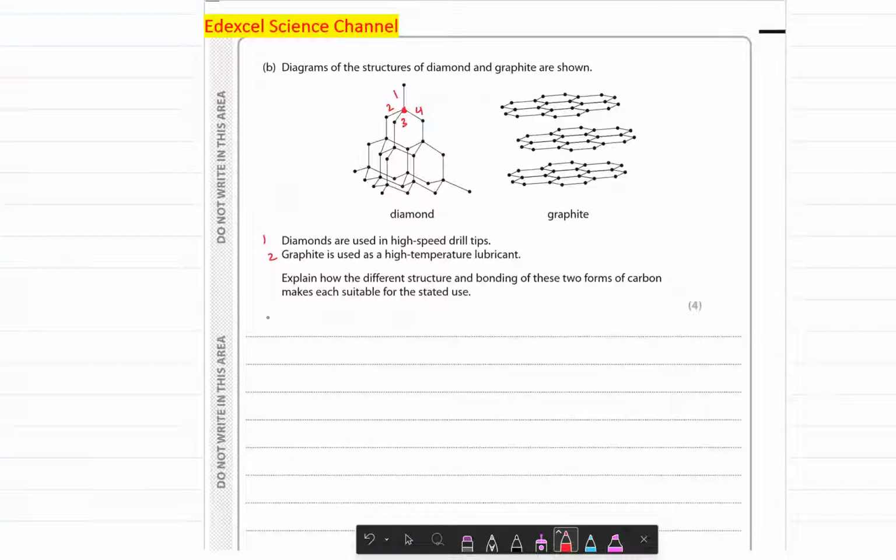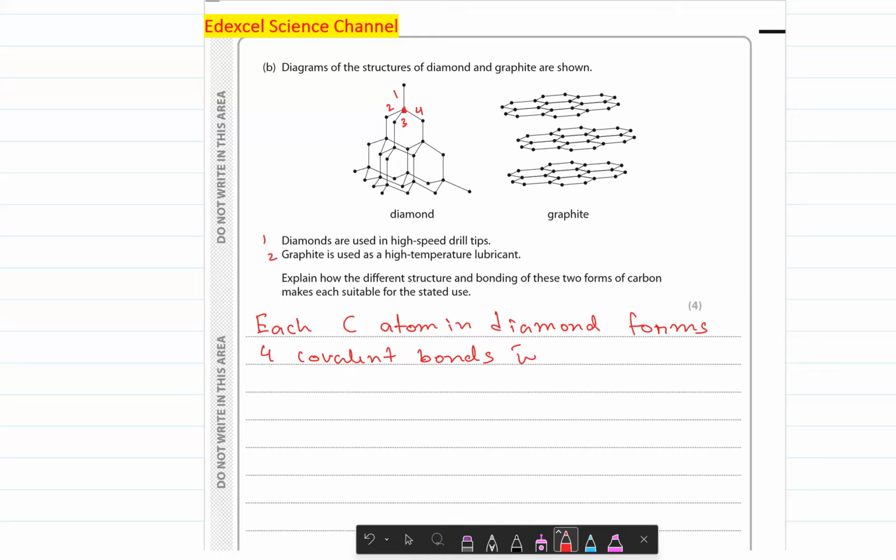So for part one, I'm going to write that each carbon atom in diamond forms four covalent bonds.